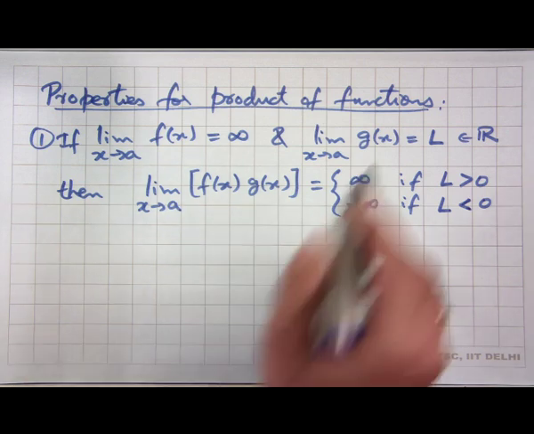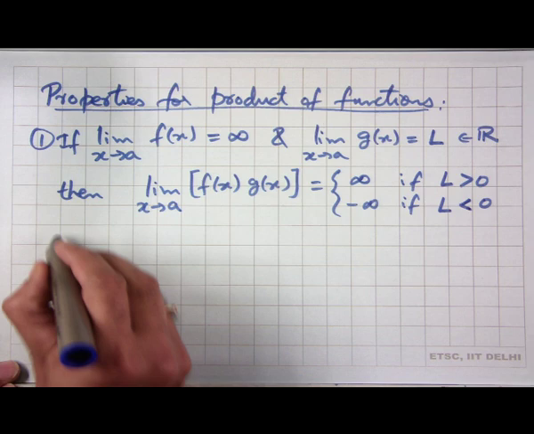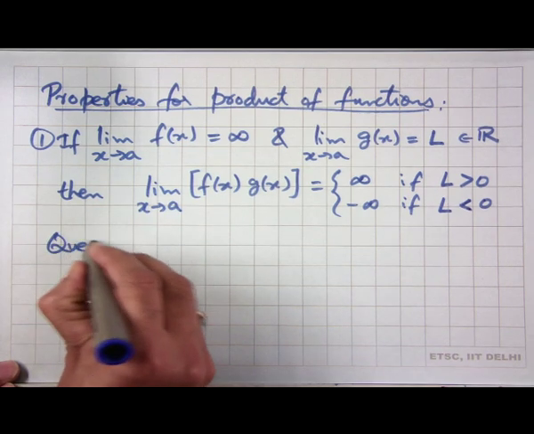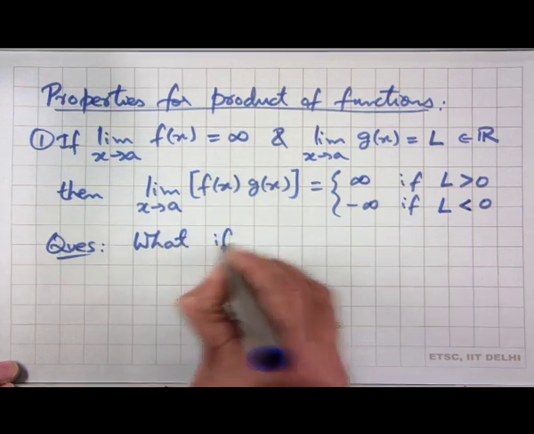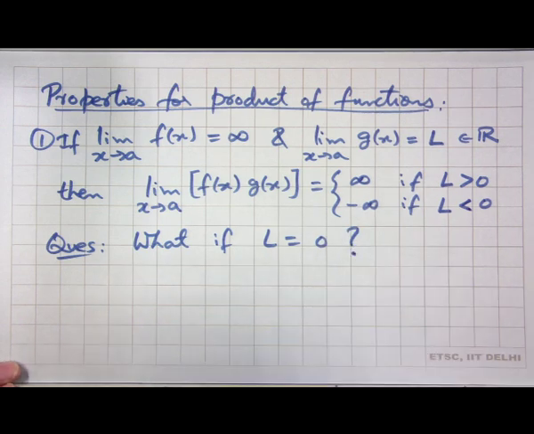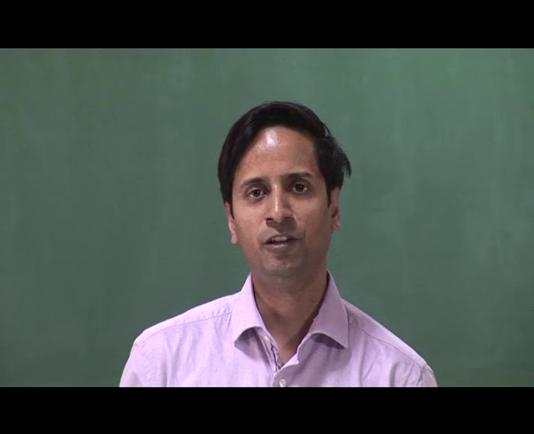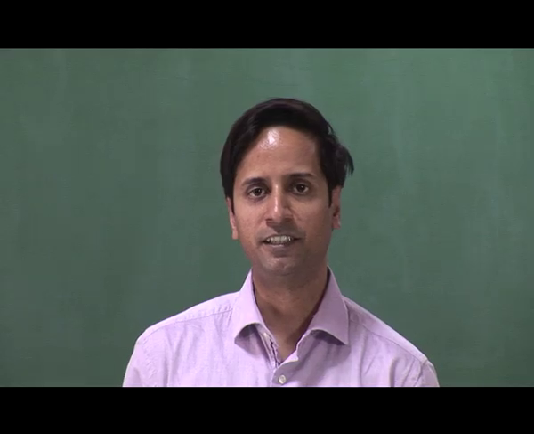But if the limit of g(x) is 0, then that is more critical. So the question is, what if L is equal to 0? We will answer these questions in the next lecture, and we will also learn about limits at infinity in the next lecture. Thank you.